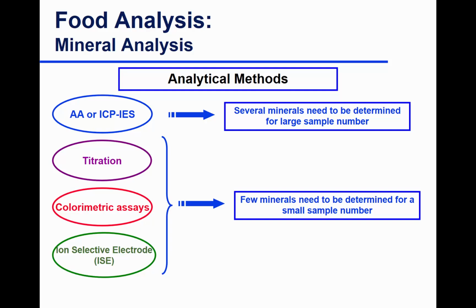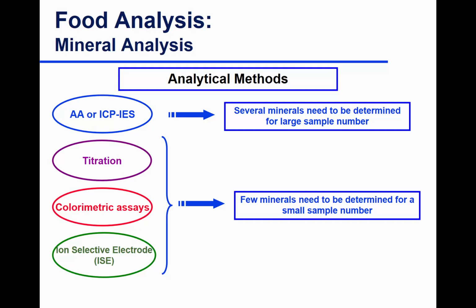So the analytical methods, we already covered a chapter on AA and ICP, and we use those when we really have lots of samples to analyze and several minerals to analyze. We do the ashing and we go through the procedure. Sometimes you only want to measure salt or calcium in a certain amount of food products, and you don't have access to either.